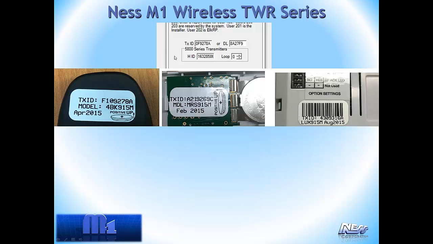So under TXID, for this example on the left here with the radio key fob, I would type in F9278A. I wouldn't put the 1 and 0 in. So the first number and the last 5, and then RP will automatically put a 0 at the start of it to buffer that out, and that's the number you would put in.